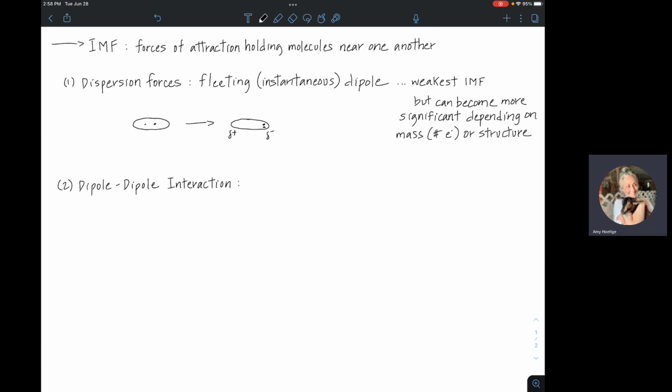Where we have a partially positive end or portion of one species that is attracted to the partially negative end of another.